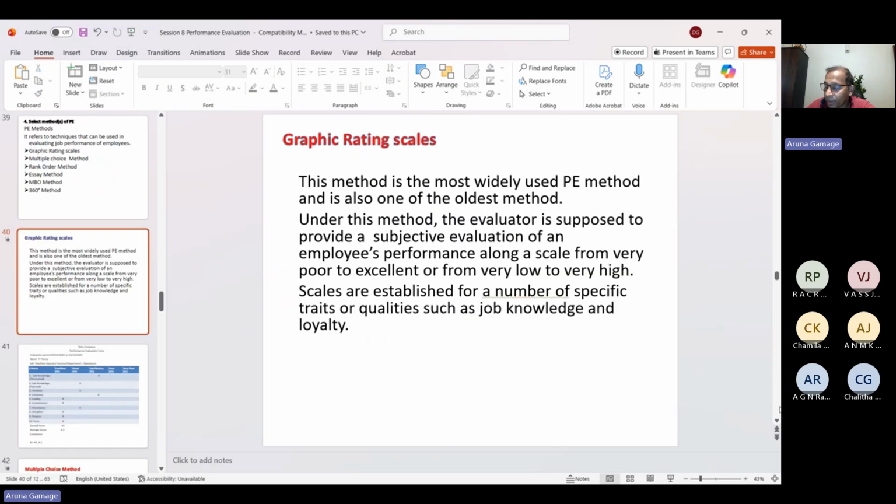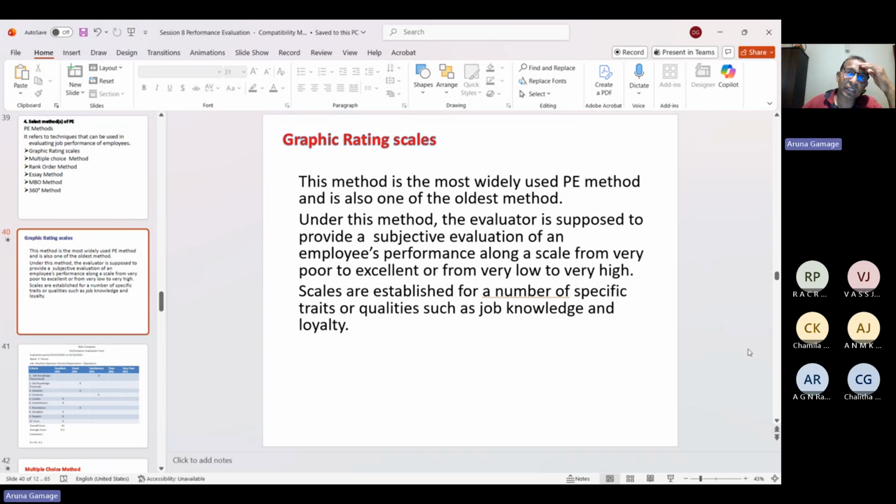This is one of the oldest and most popular methods. Although it is one of the oldest, this method is still used by many organizations. At universities, we use the graphic rating scale to evaluate the performance of academics and non-academics to a certain extent, as a partial evaluation.